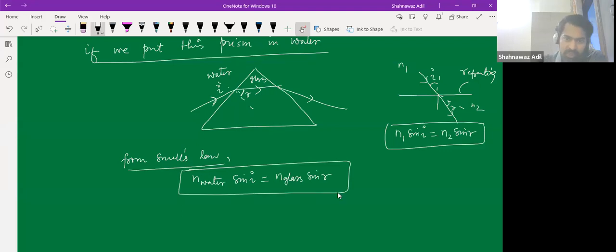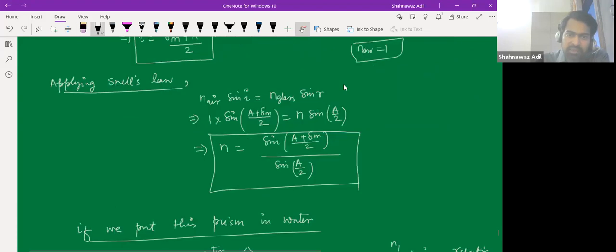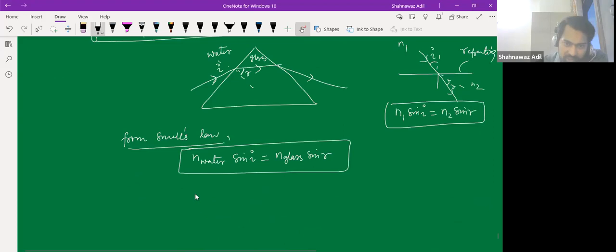So if we write whatever we have written here again, n water is, we don't know how much that is, and sine of i, which is (A plus delta m) by 2, and this is n of glass, sine of A by 2.